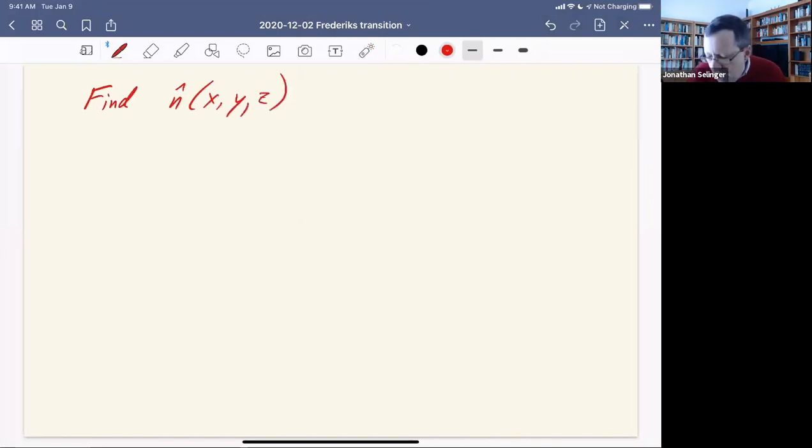That's a common goal in liquid crystal physics, because there are multiple competing influences on the liquid crystal. Maybe there's a boundary condition that wants to do one thing, and an electric or a magnetic field that tries to make the liquid crystal do something else.